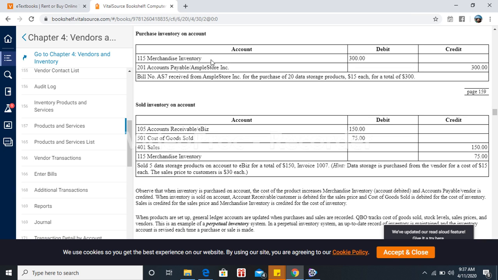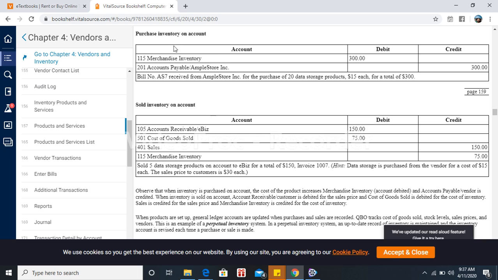Because inventory is sold at a different rate than we make payments to Ample Store or any other vendor, that is why the account balances may be different, even though initially they were the exact same. So, just based on this example, we bought $300 worth of inventory and then we turned around and sold $75 worth of it.